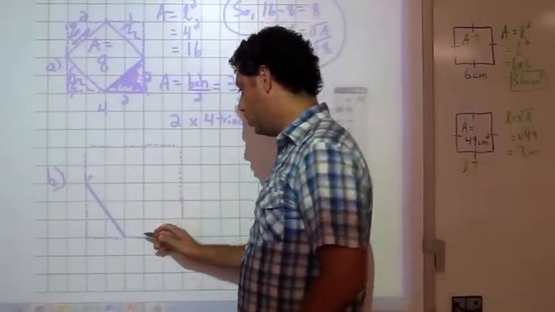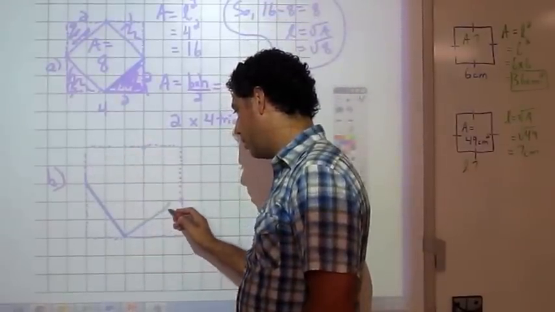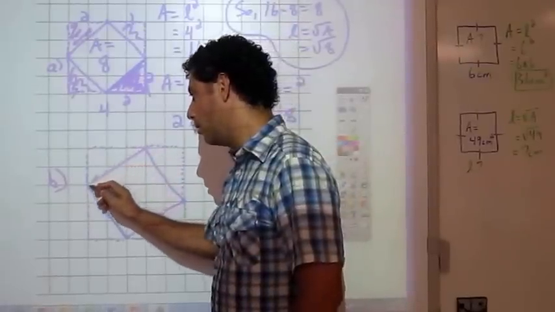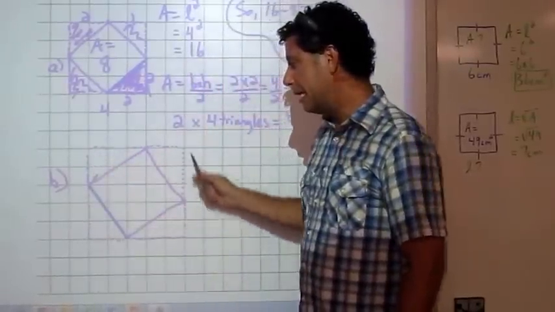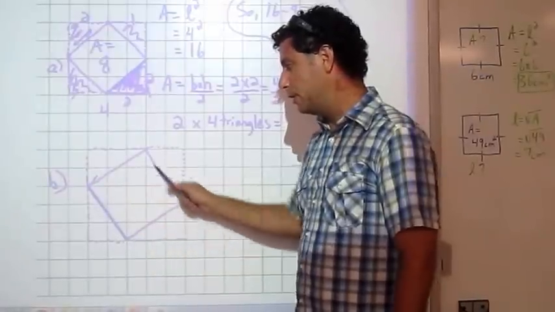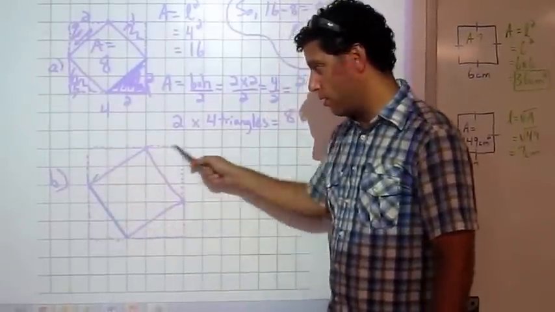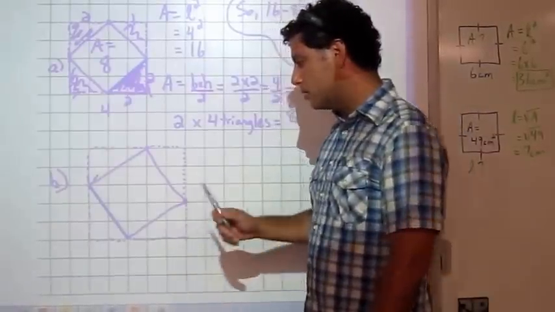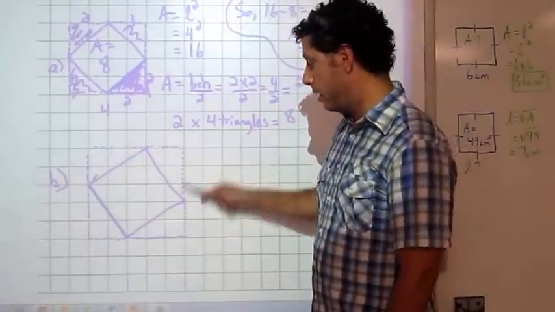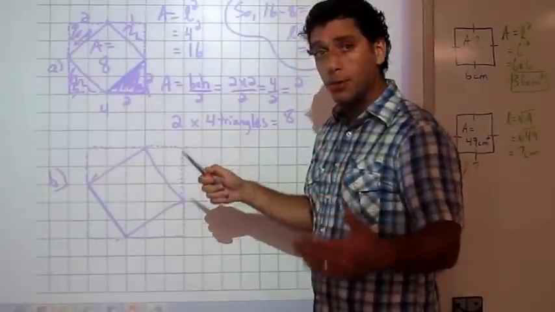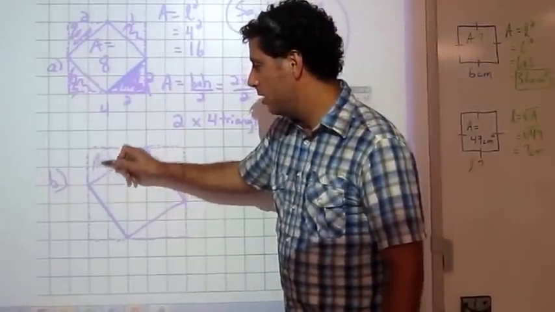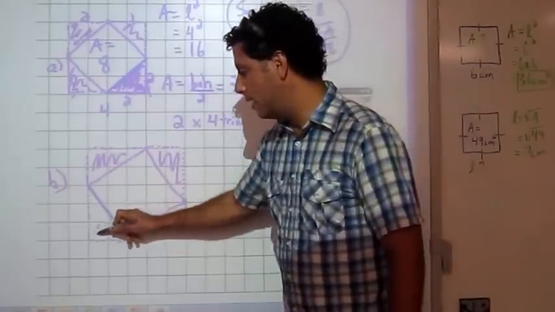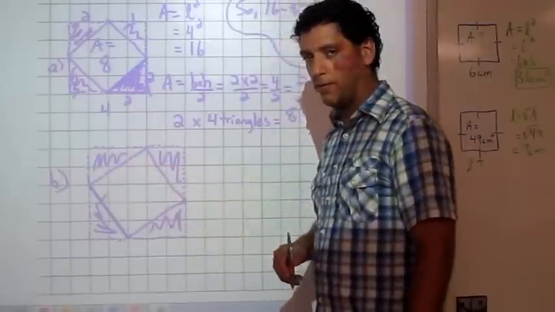And what you can do to double check, if you recall, is just make sure that your enclosing square, so the square that encloses your tilted square, is actually a square itself. It's going to go a long way in helping you. So now we have to determine the area of that enclosing square and then subtract the areas of these triangles that we don't want to find the area of our tilted square.